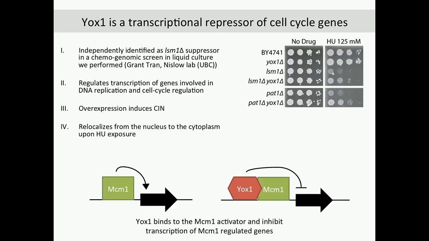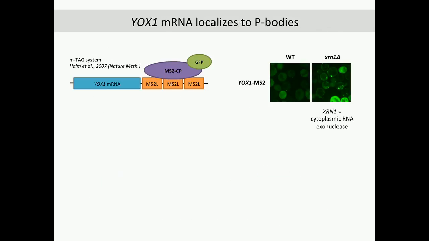And so the way YOX1 is thought to work is that it can bind to MCM1, and the binding to MCM1 represses transcription of MCM1 targets. So YOX1 is a transcriptional repressor, and I'm just going to ask you to remember that for the rest of my talk.